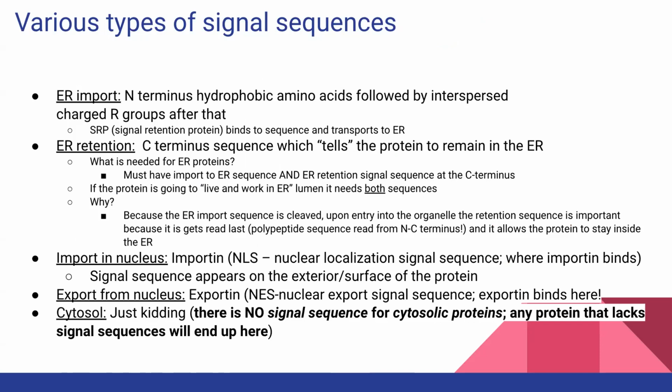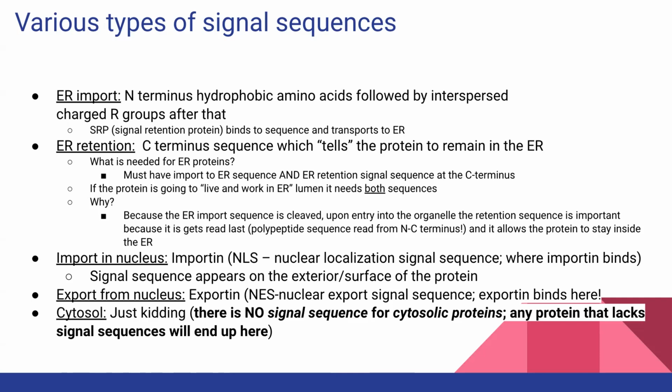And here's just a quick overview of the types of signal sequences, condensed. ER import is at the N-terminus: a hydrophobic amino acid chain, followed by interspersed charged R groups. Like I said, I don't think you need to know in depth what the amino acids are. ER retention is on the C-terminus, which tells the protein to remain in the ER.